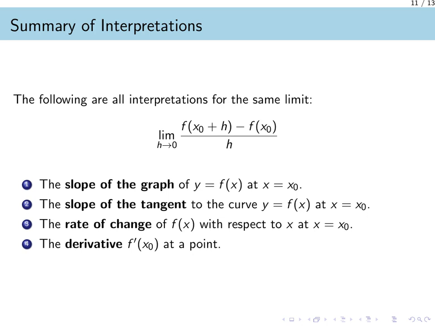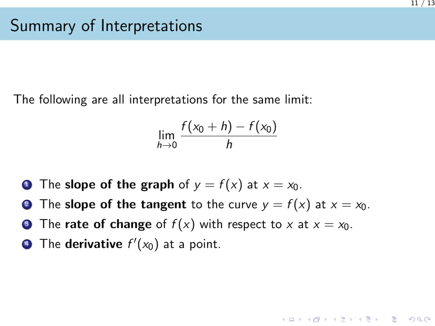Let us pause to see that 4 important ideas we have been discussing are really just different ways of looking at the same fundamental limit. This limit is the one we get from the difference quotient as the interval h approaches 0. Geometrically, this value gives us the slope of the function's graph at a single point, x0, which is identical to the slope of the tangent line at that very point. We can also interpret this limit as the instantaneous rate of change of the function.